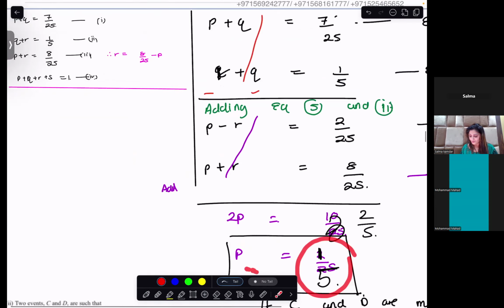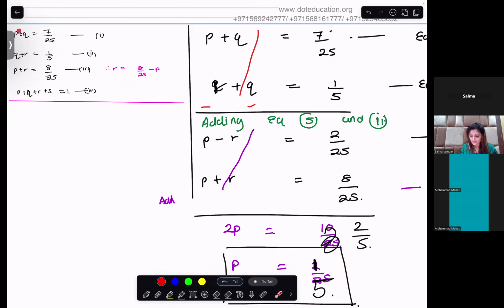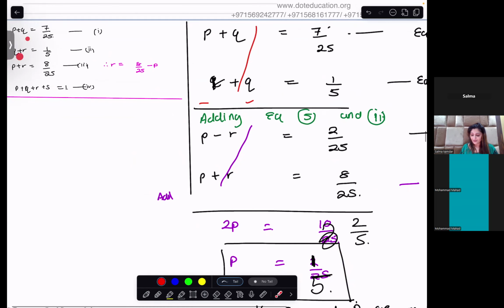Now, if I get the value of p as 1 by 5 and I substitute in this equation, I will get the value of q. If I substitute the value of q in this equation, I will get the value of r. Now I have the value of p, I have the value of q, I have the value of r.